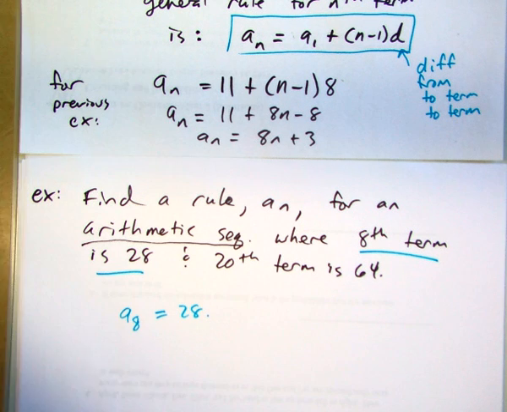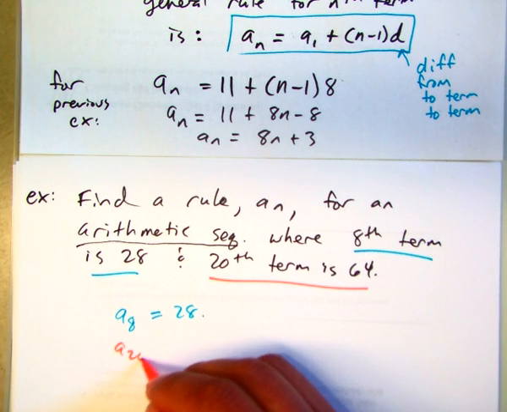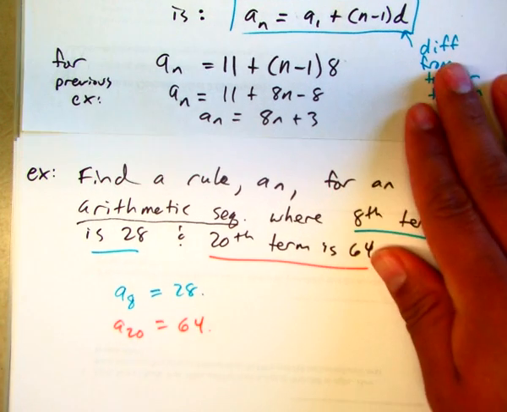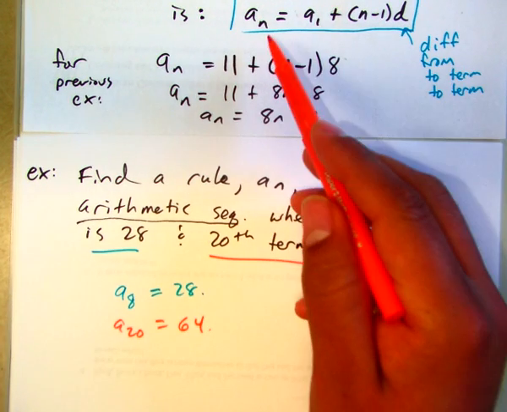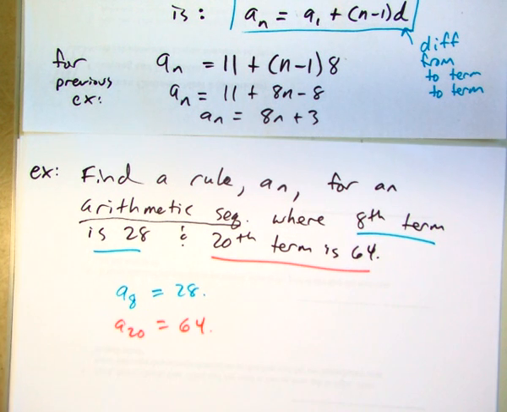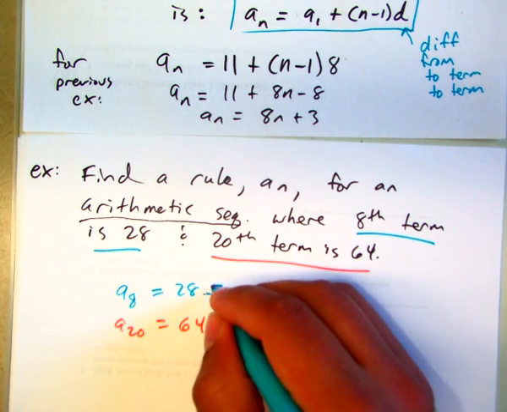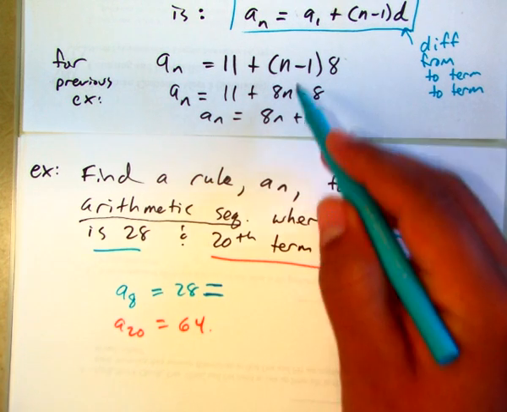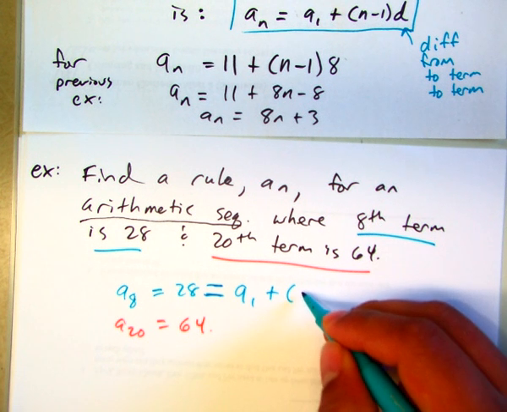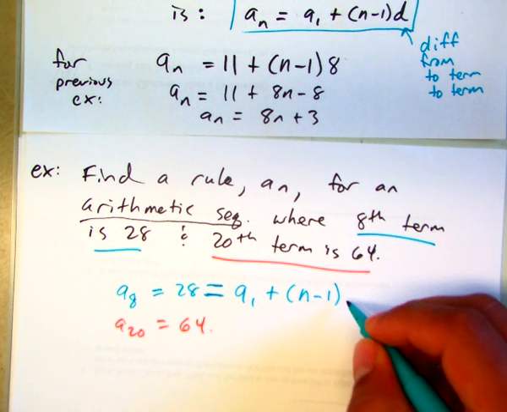I also know that the 20th term is 64, so a sub 20 is 64. Now if you look at the rule, in order to find a sub 8, you would have to take the first term, which we don't know, plus n minus 1 times d.